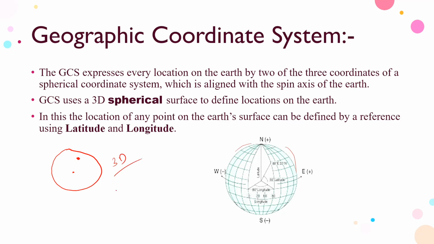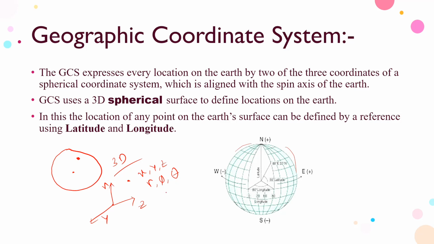For the 3D coordinate system, we draw x, y, and z axes, and this is a point. For Cartesian, we can easily say the point value is x, y, z. But when it comes to the spherical system, then the values are r, phi, and theta.